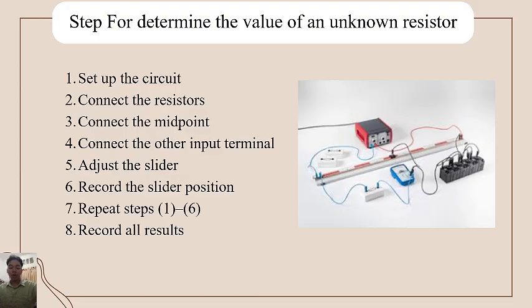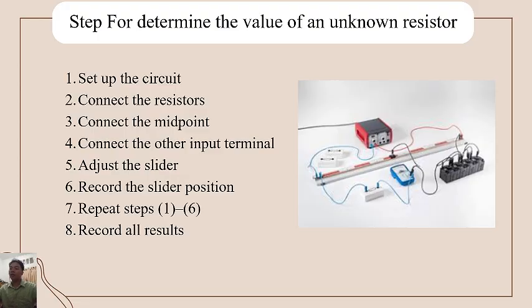And number 4, connect the other input terminal of the ammeter G to the slider of the slide wire potentiometer. Number 5, adjust the slider. Number 6, record the slider positions on the ruler and determine L2. And number 7, repeat steps 1 to 6 for the other unknown resistor. And the last one is to record all results in a table.